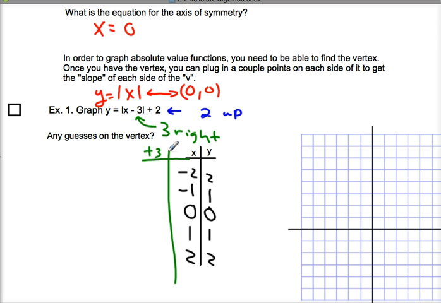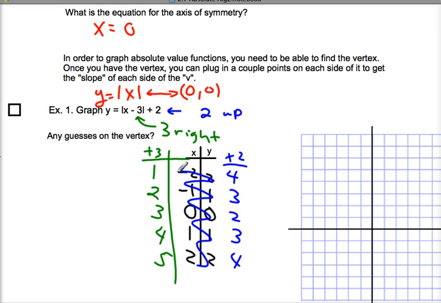Negative 2 plus 3 is 1, negative 1 plus 3 is 2, 0 plus 3 is 3, 1 plus 3 is 4, 2 plus 3 is 5. And then we need to go 2 up on the y's, so we're just going to add 2 to the y's. 2 plus 2 is 4, 2 plus 1 is 3, 2, and then 2 plus 1 is 3 again, and then 2 plus 2 is 4. Here's where we end up.